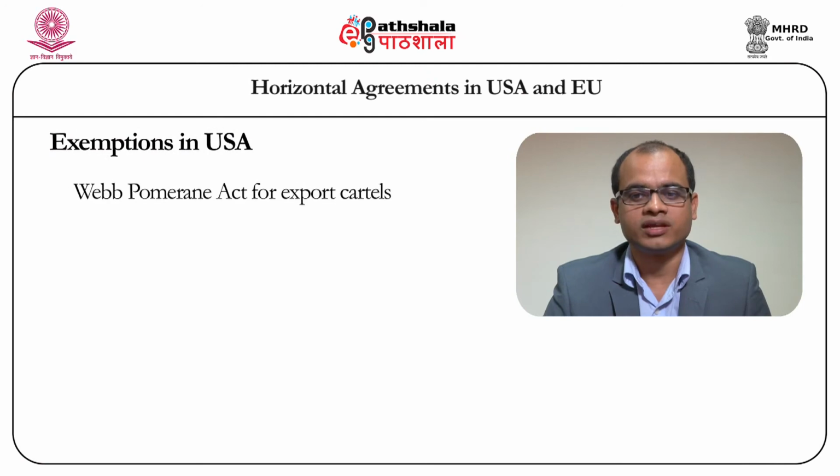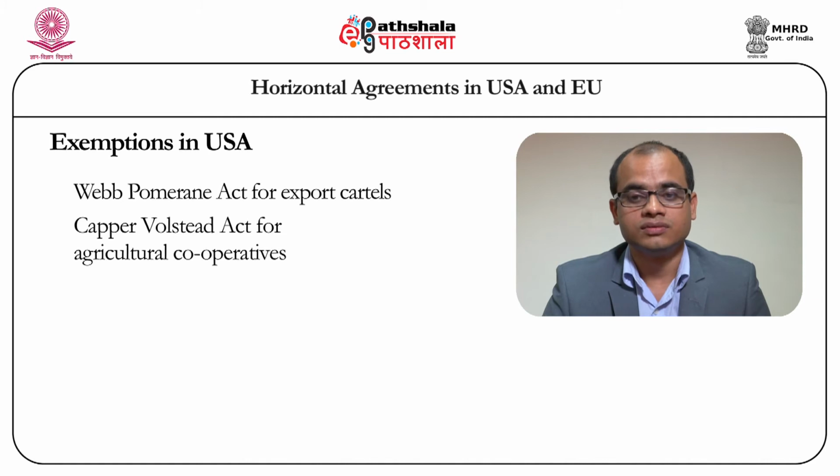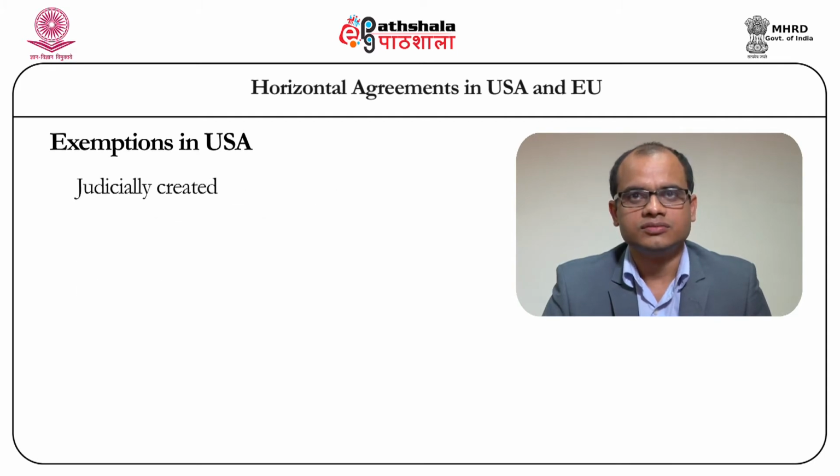Among the legal statutes, examples include the Webb-Pomerene Act of 1918, which provides an exemption for exporting cartels, and the Capper-Volstead Act of 1922, which provides an exemption for agricultural cooperatives in the US. There is also an exemption for labor unions from the Antitrust Act in the United States. And there are judicially created doctrines like the filed rate doctrine, which also applies.